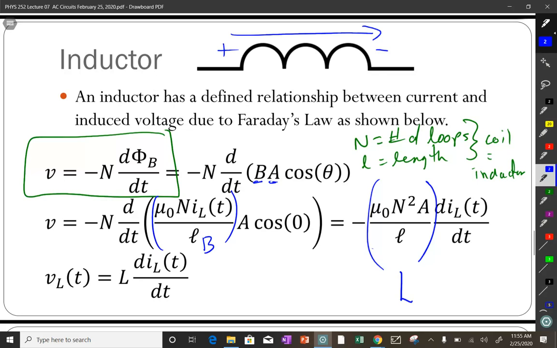If you do a little bit of algebra, you can see what you're saying: if I take this equation and recognize that the derivative is only affecting I, then you can't just say B, because the B depends on I. So this here is the inductance L.